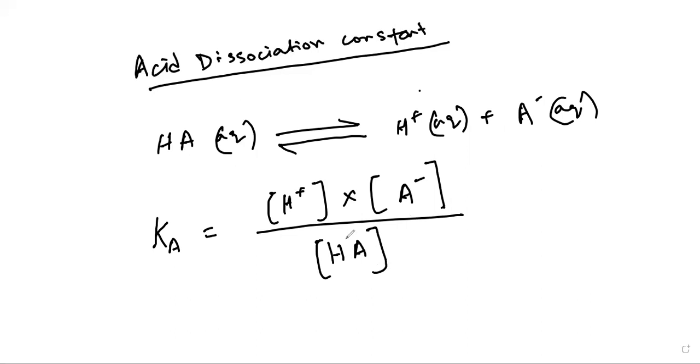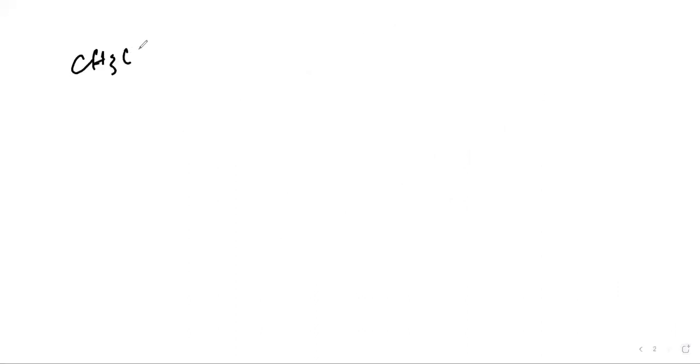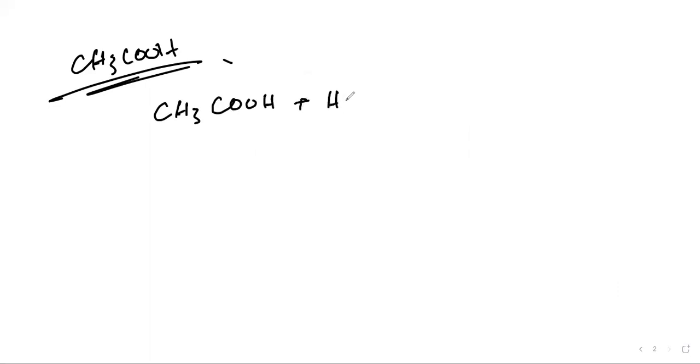Now, this concept, the acid dissociation constant, is more relevant towards those which are weak acids. For example, ethanoic acid. So let's take ethanoic acid as an example, CH3COOH. Now, when it dissolves or breaks down in water, what happens?